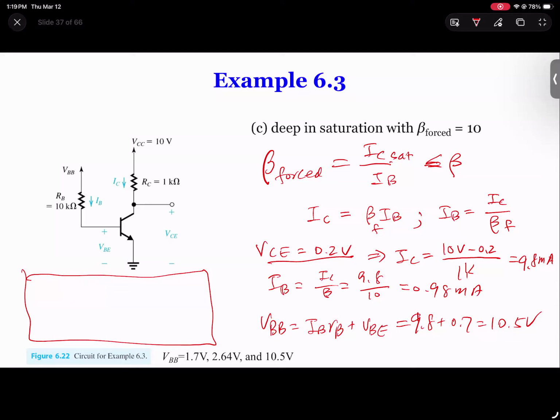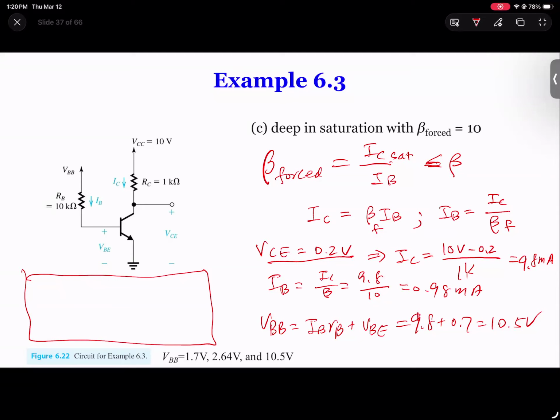The only thing we changed was VBB. When VBB is small, you're in active mode. When VBB increases, you move from active to the edge of saturation. And when you increase VBB more, you're moving out of active and going into deep saturation. So that's the three different modes because VBB has changed.